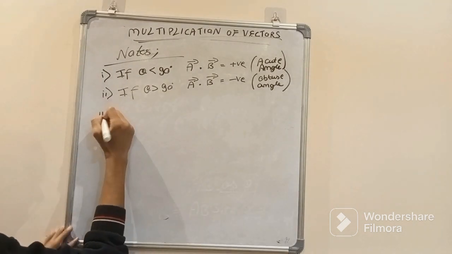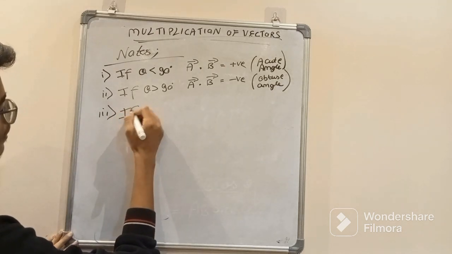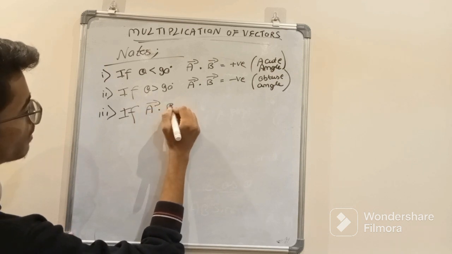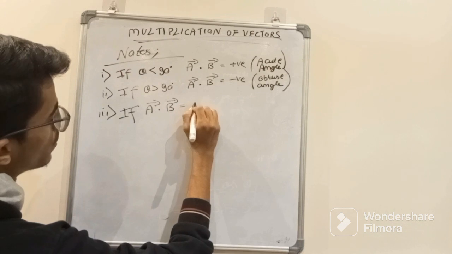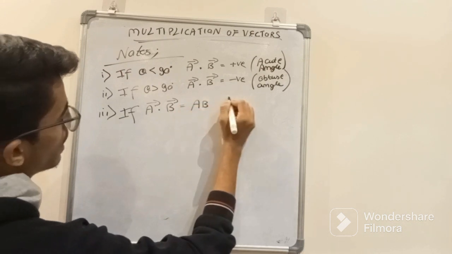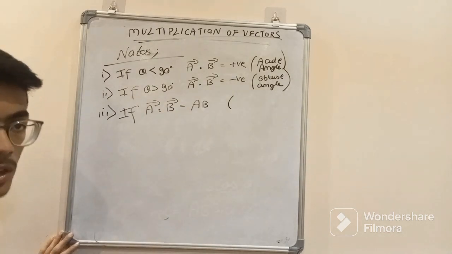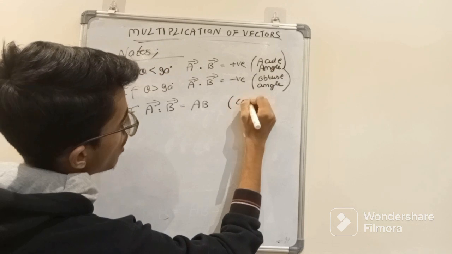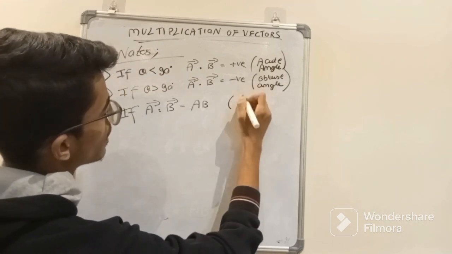Now, third, if a vector dot b vector is equal to ab, that means जो हमारा थीटा है, this dot का रिप्लेसमेंट ab cos थीटा, that is 0. Cos theta, not cos, let's only write theta.